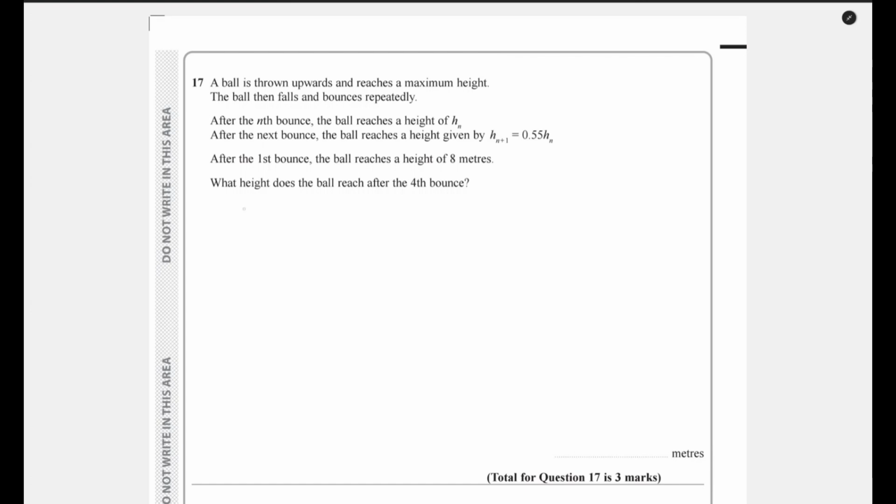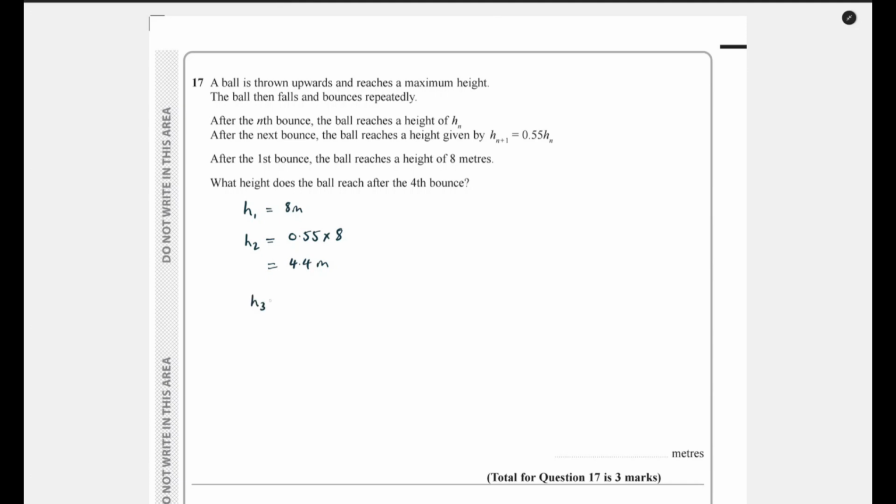So we know that after the first bounce, the height, or h1, is 8 meters. And so to work out h2, or the second bounce, it's 0.55 multiplied by h1, which is 8. And that is equal to 4.4 meters. So we have to repeat this again.